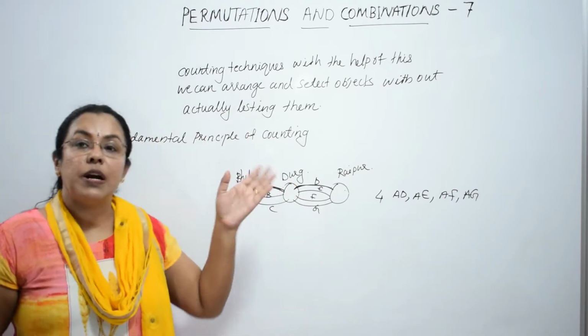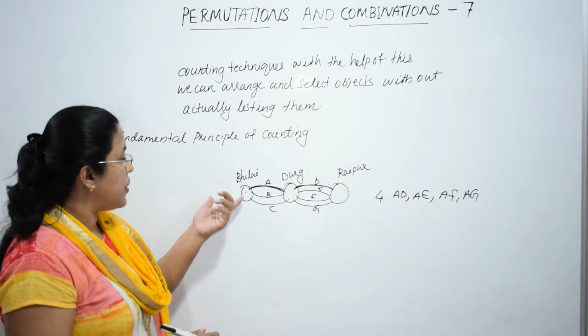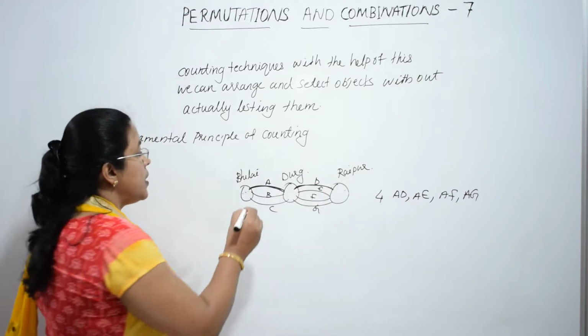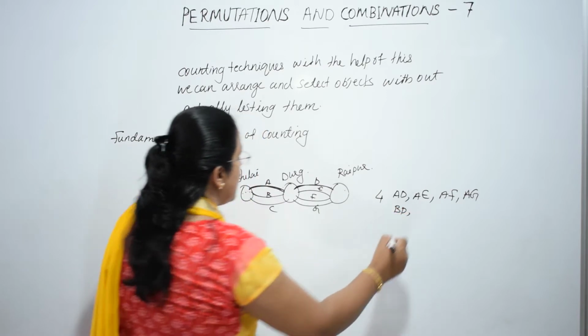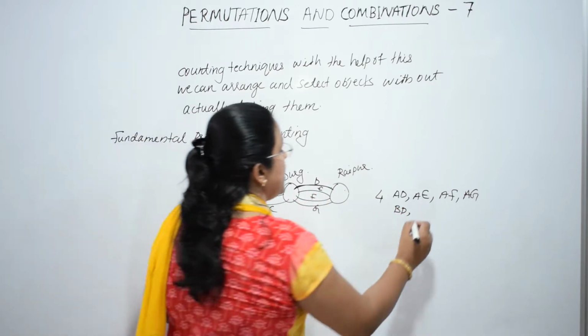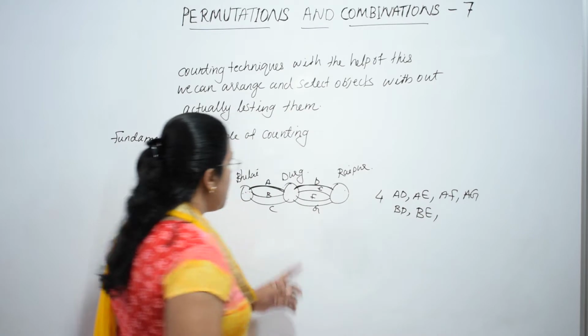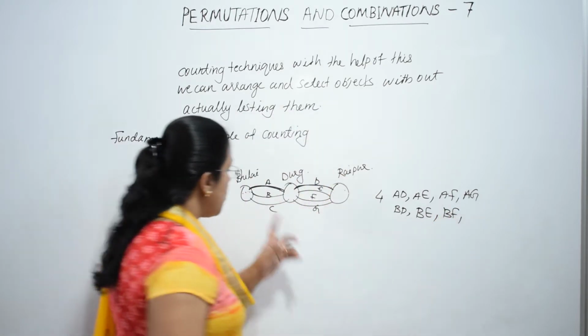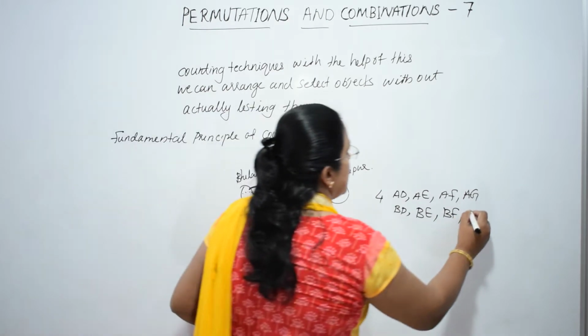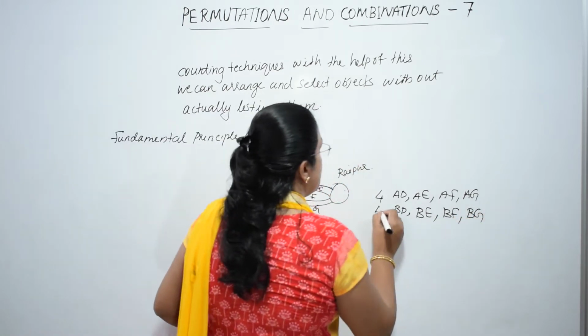First we will list all the routes, then I will explain the fundamental principle of counting. Now, what is the next way of going from Bhilai to Raipur? Follow the route B, then D, BD; B, then E, BE; B, then F, BF; B, then G, that is BG. Again 4 ways.